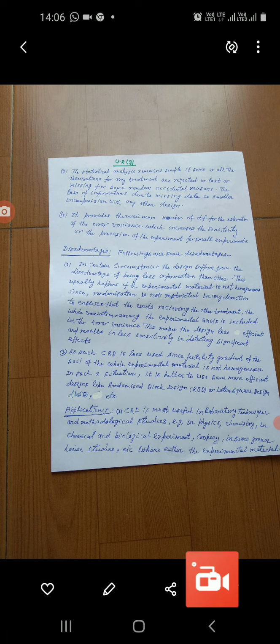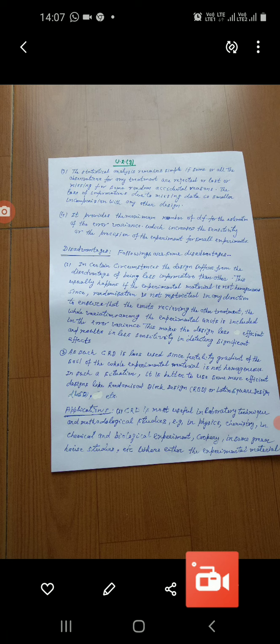That means in physics, chemistry, in chemical and biological experiments, cookery, in some greenhouse studies, etc., where either the experimental material is homogeneous or the intrinsic variability between units can be reduced.